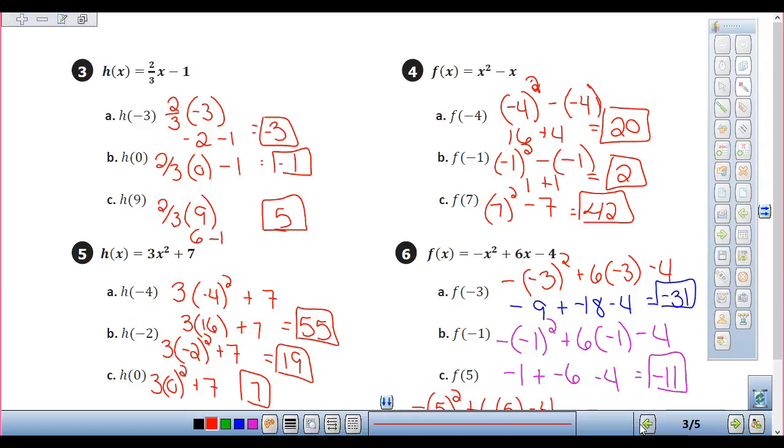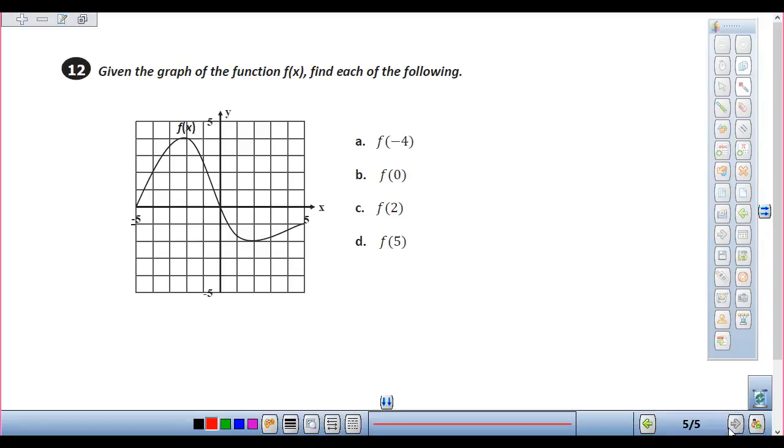X. Those numbers stand for X. So, if I have a graph and it's asking me what is the function of -4, okay, I have to find where X is -4. So on my X, I'm going over, so 1, 2, 3, 4. And what is Y right there? 2. So where X is -4, my Y is 2.